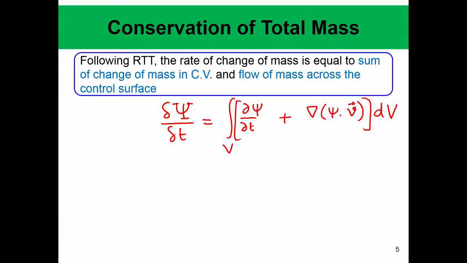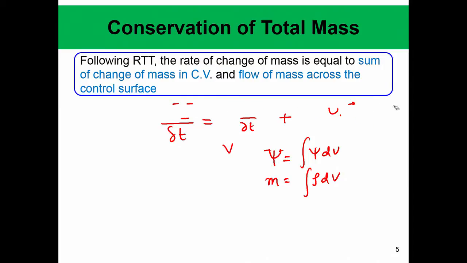So this is what we have got, okay. Now from the Reynolds transport theorem, we can say that the rate of change of mass follows by changing the property xi to the property mass. So capital Xi was equal to integral of small xi dV. We can change the representation of Xi to mass, so m is equal to integral of rho dV, and then we can write the Reynolds transport theorem for this full thing.